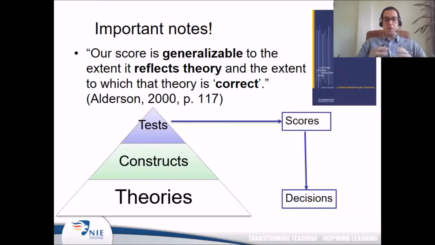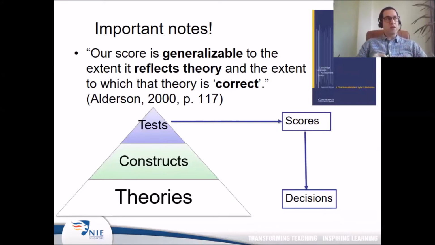But what I would like to stress here, I'm not trying to say which side or which camp is correct, because it has been a debate that is ongoing. What I'm trying to say is, yes, we use scores for decisions, so we'd better have evidence to support the decisions that we make.